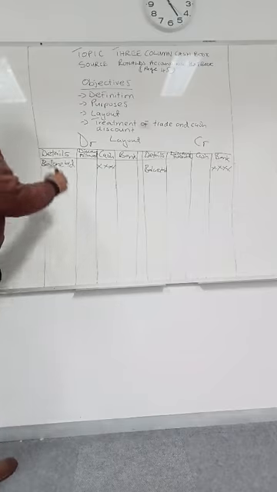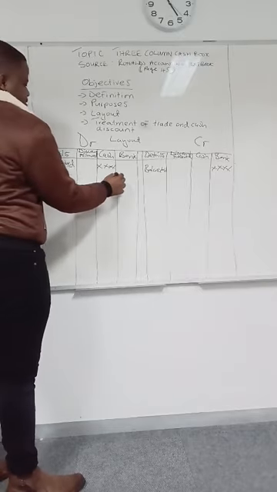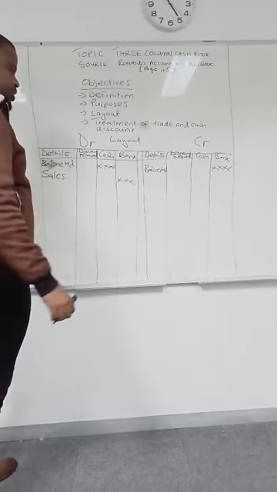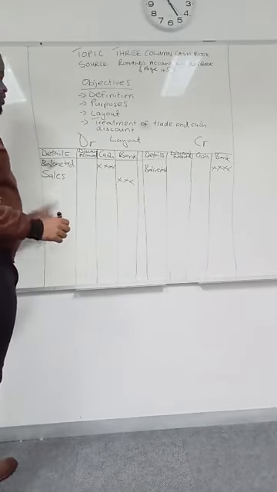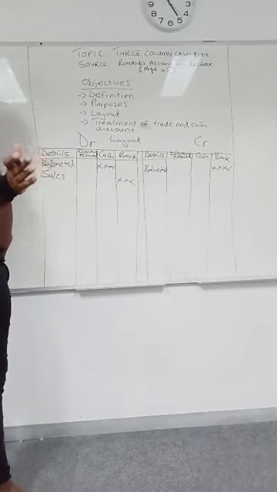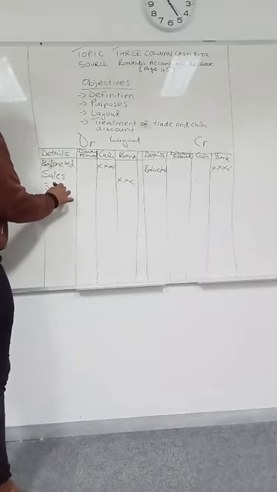So receipts here, maybe we have sales. Maybe we made these sales via bank. Then another receipt that we can have is a receipt from debtors. If there is any receipt from debtors, you need to write the name of the debtor.